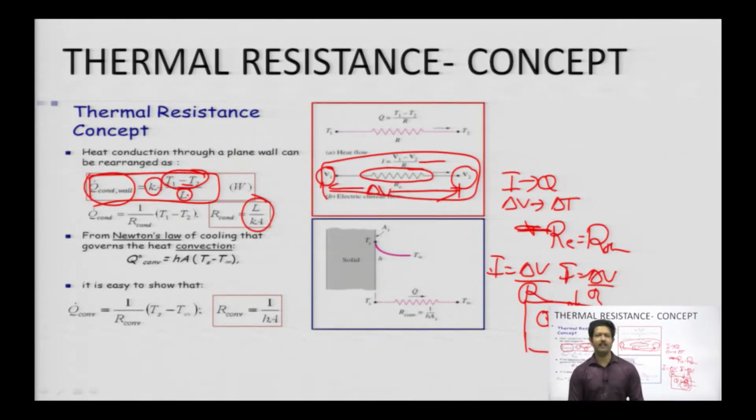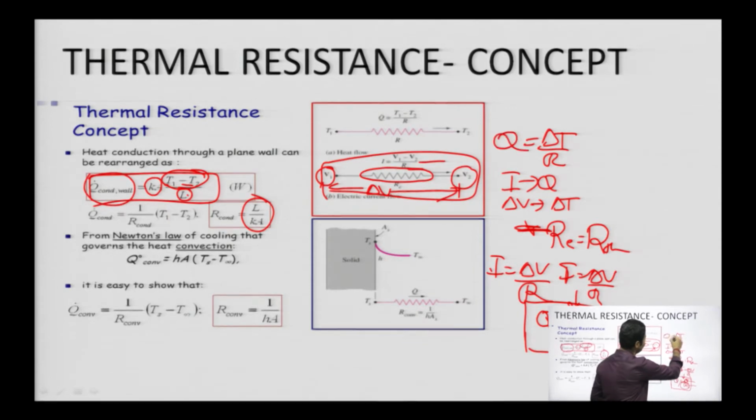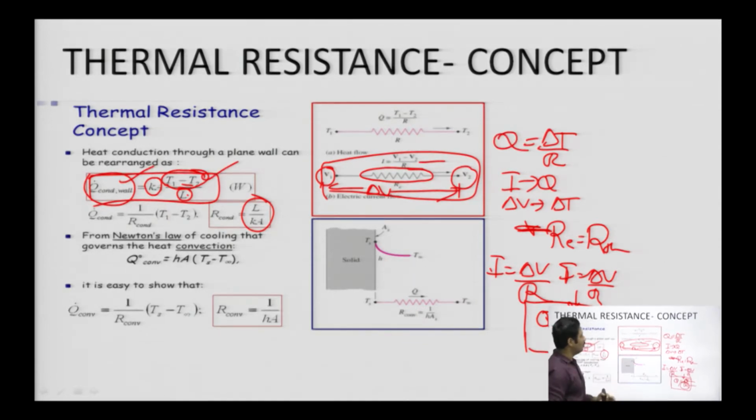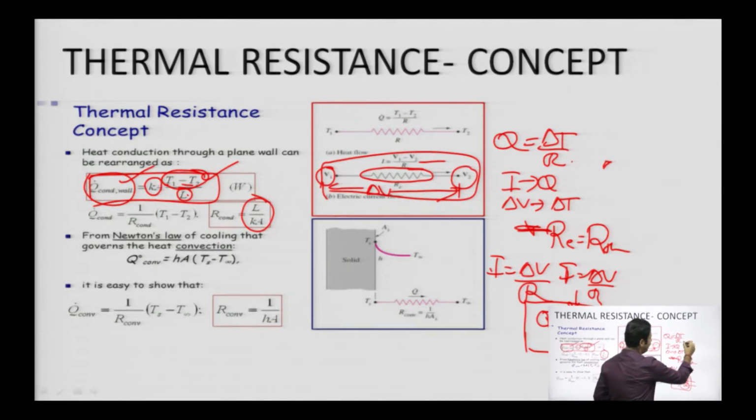Is it all clear? Since we have put it in the format delta T by R equals Q, delta T is there, Q is here, and the remaining L by kA is the thermal resistance for conduction.